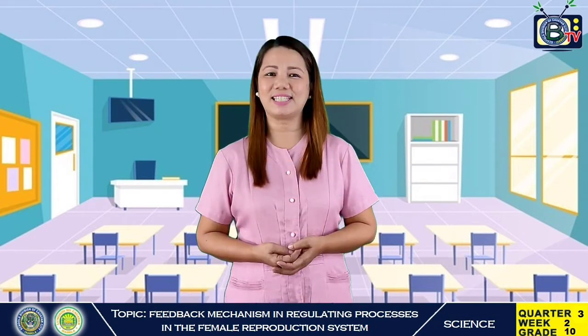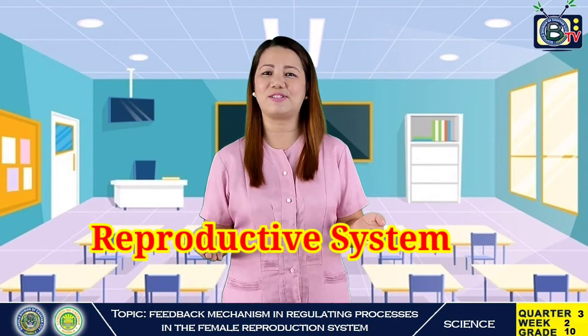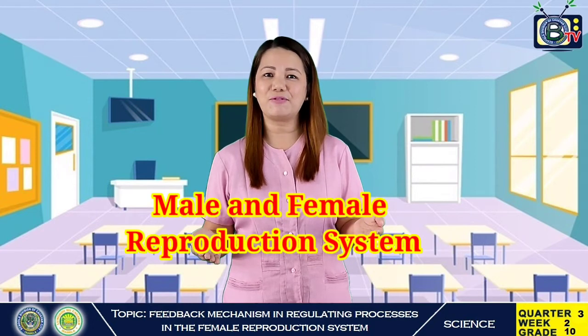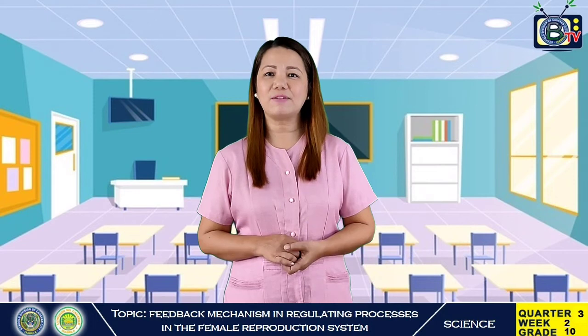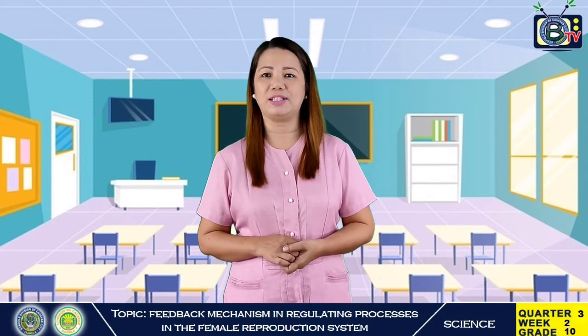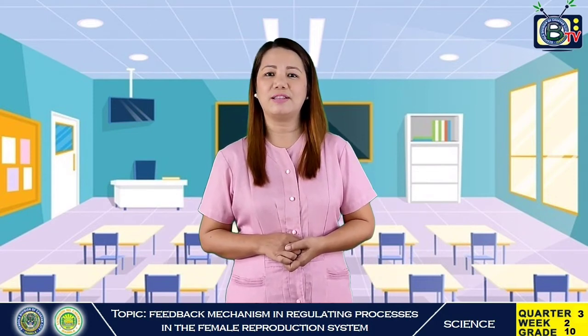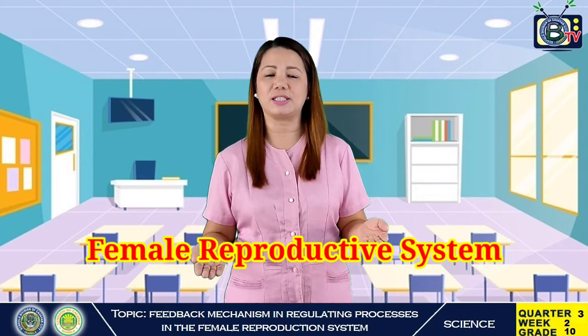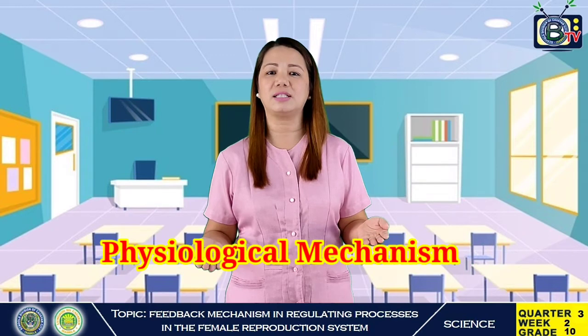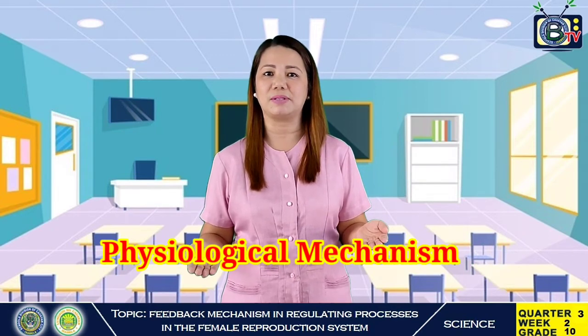Today we'll have the discussion of the reproductive system, male and female reproductive systems. Its parts and functions are taken up in the 9th grade, so the focus of our lesson is the female reproductive system, specifically on its physiological mechanisms.